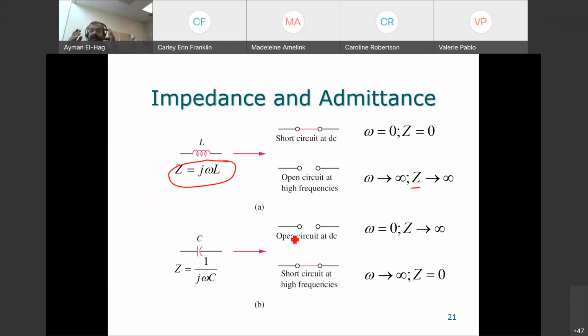So the capacitor starts as an open circuit at a very, very low frequency and then evolves to a short circuit at very, very high frequency. Now, this phenomenon, moving from short circuit to open circuit in the inductor, or open circuit to short circuit in the capacitor, is the basis that we'll use in designing filters. Later on, when we talk about the filters, that is the basic thing that we will be dealing with.